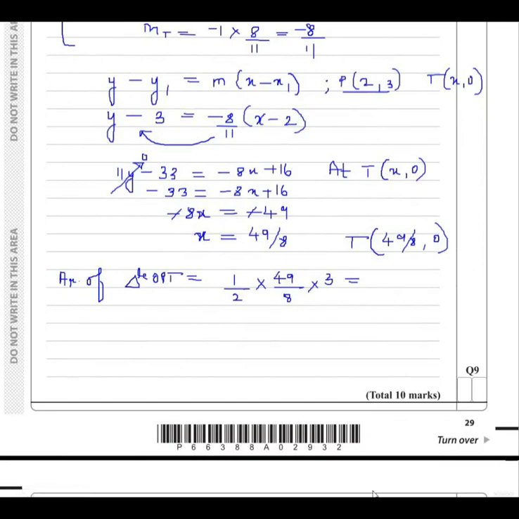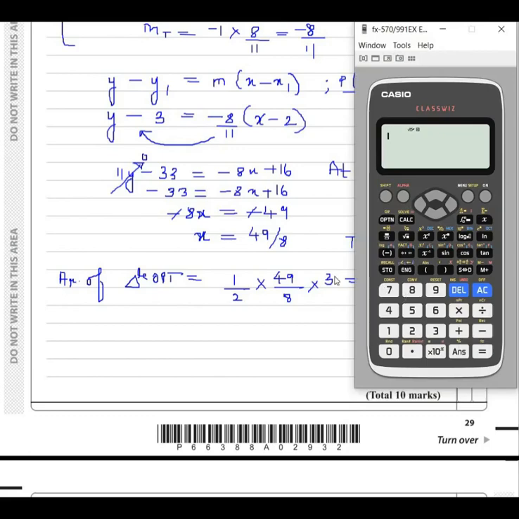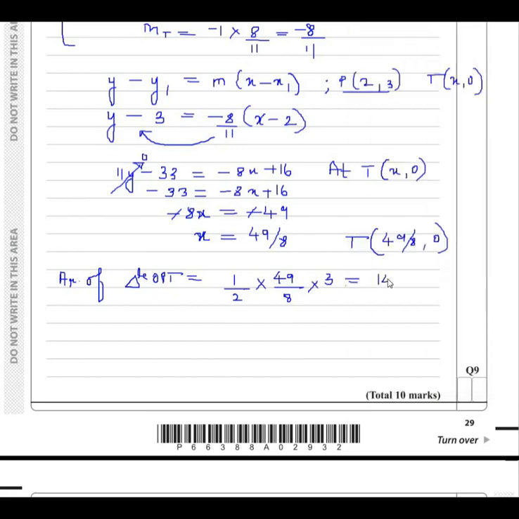Let us put it in the calculator and check how much we get. First, solving the numerators, 49 times 3 gives us 147, over 2 times 8 is 16. So this is the area of the triangle we get, 147 over 16.